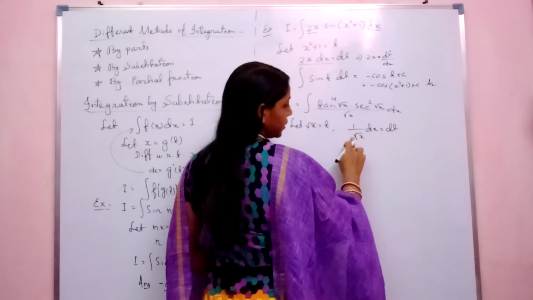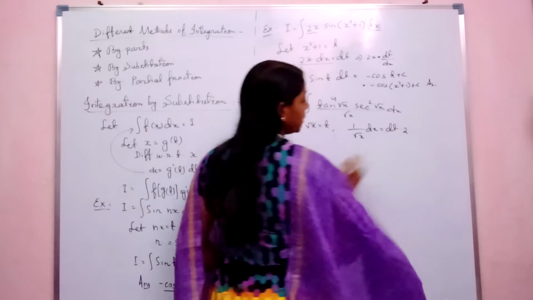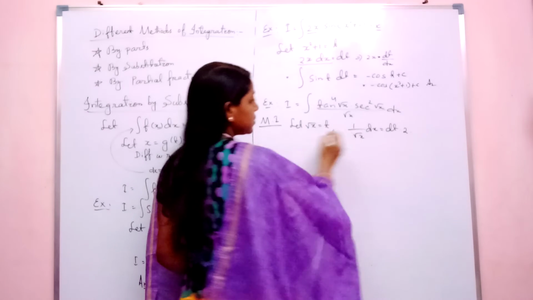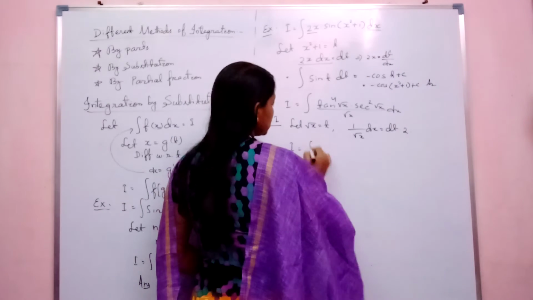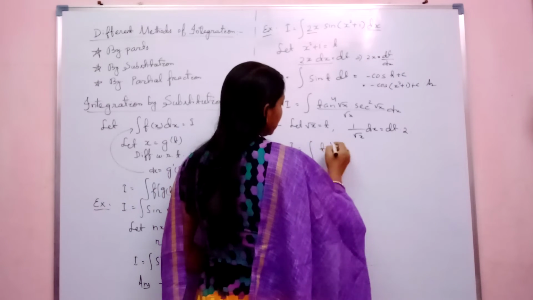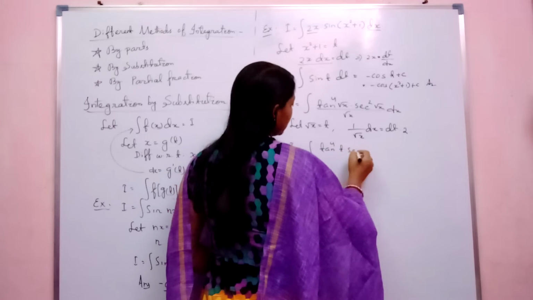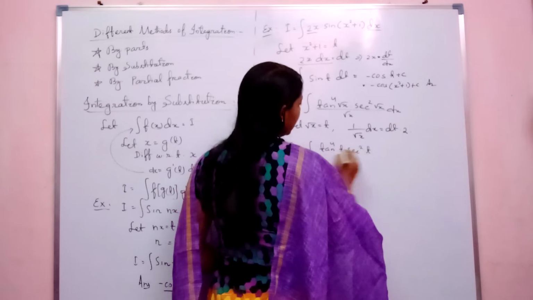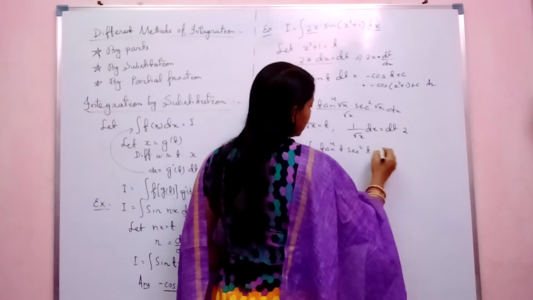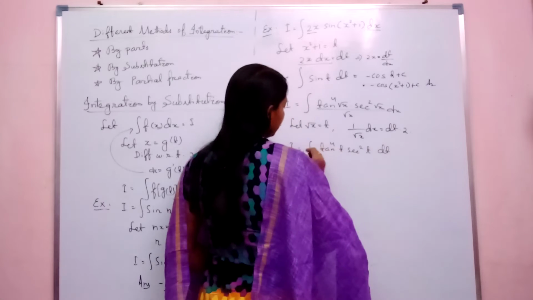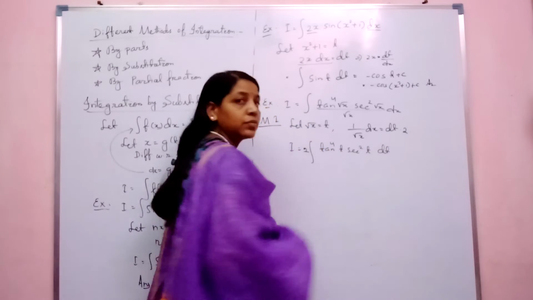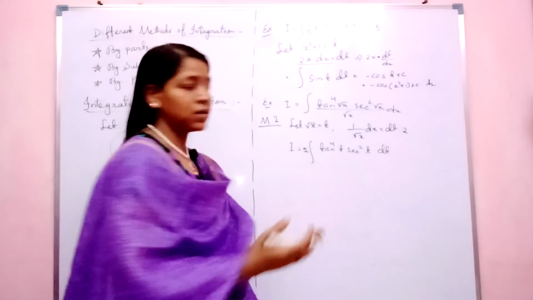So dx by root x equal to 2 dt. Now replace my integration with tan to the power 4t secant square t into dx by root x, which is 2 dt. 2 I am taking out because it's a constant.